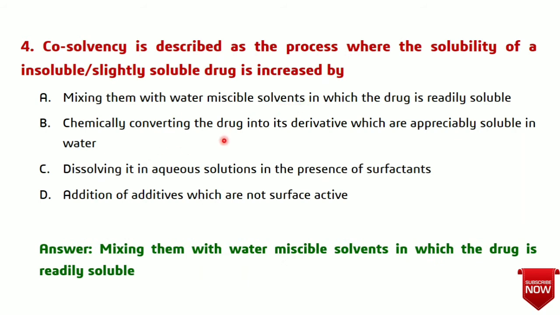Chemically converting the drug into a derivative which is appreciably soluble in water is not linked to co-solvency. Dissolving it in aqueous solutions in the presence of surfactant is also not related to co-solvency, and addition of additives which are not surface active is also not related. So the answer is mixing them with water miscible solvents in which the drug is readily soluble. That we call co-solvency.